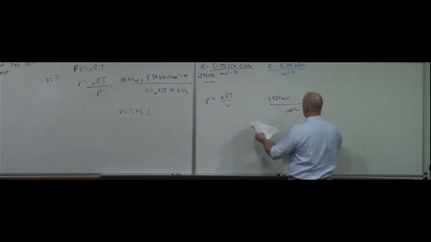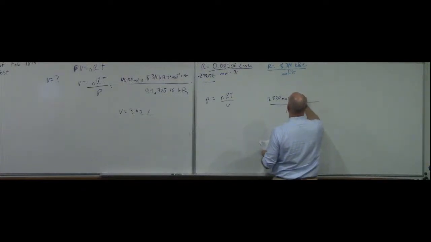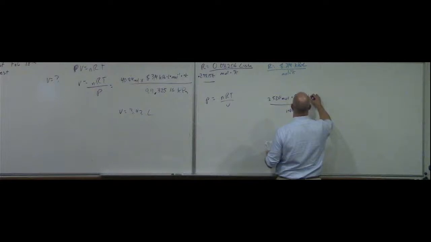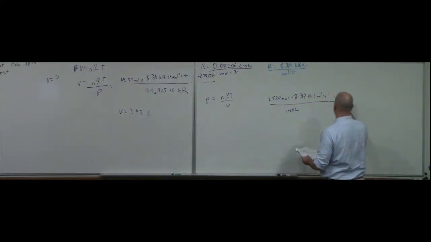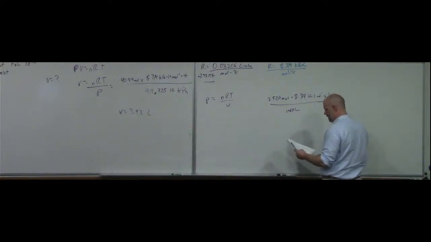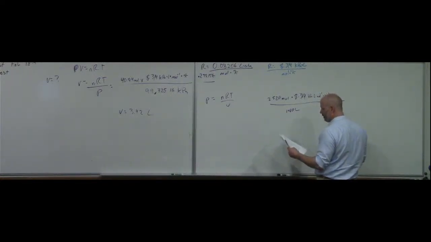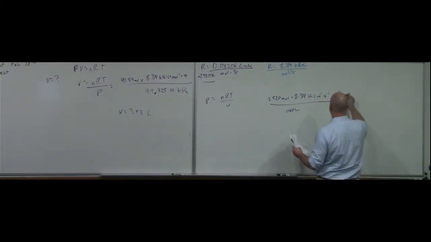Okay, so we got our moles. 8.314 kilopascal times liter per mole times Kelvin, right? And now our temperature is 27 degrees centigrade, so 27 plus 273.15 is 300.15 degrees Kelvin.